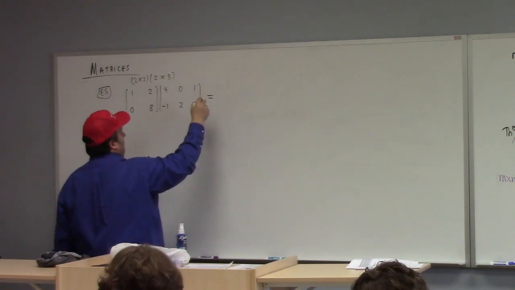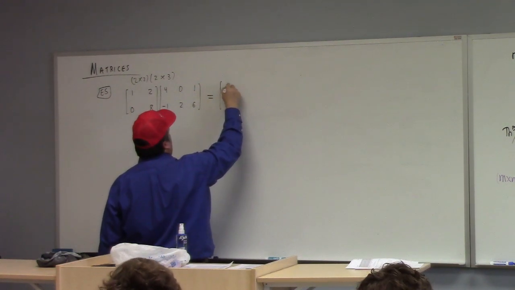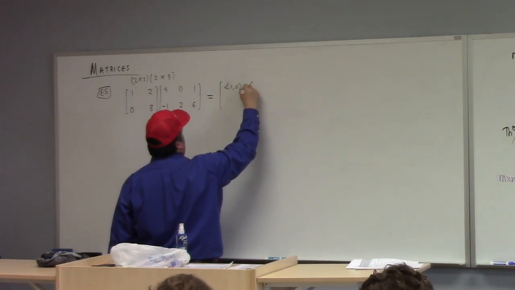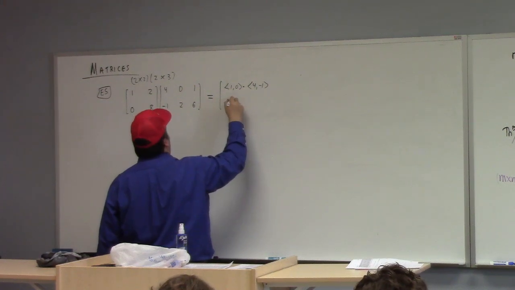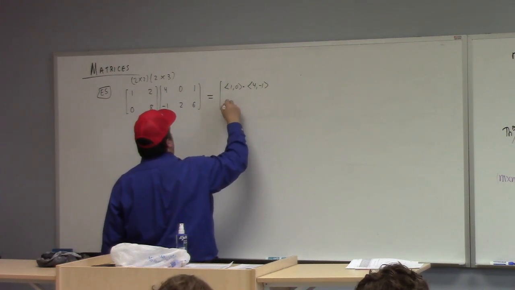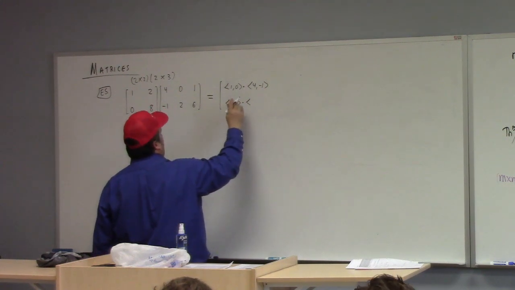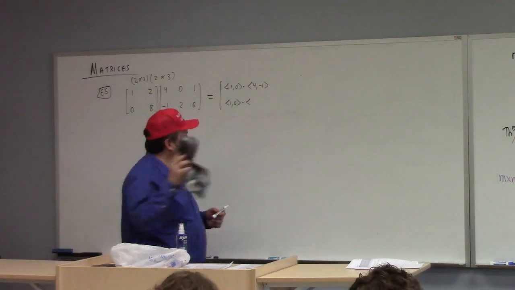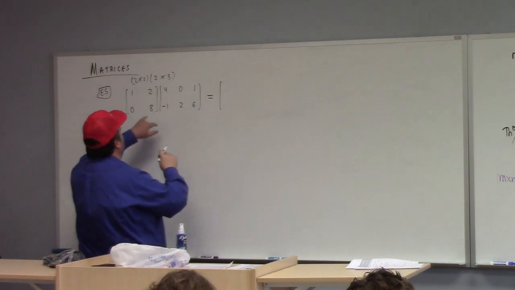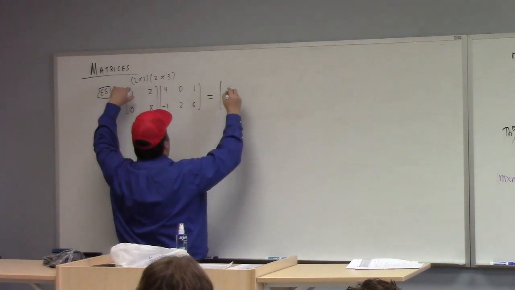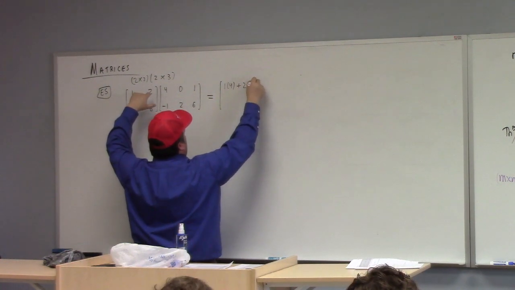All right. So what we do is we do (1, 2) dot (4, -1). Let me just write down the numbers. We have 1 times 4 plus 2 times -1.